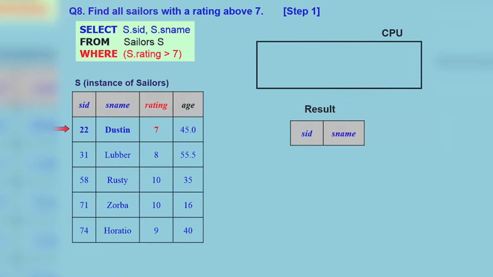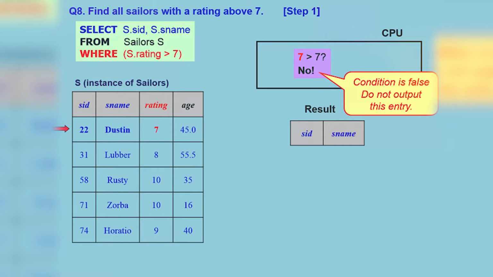Let's check, is the rating of Dustin greater than 7? Is 7 greater than 7? No. Condition is false. Do not output this entry.